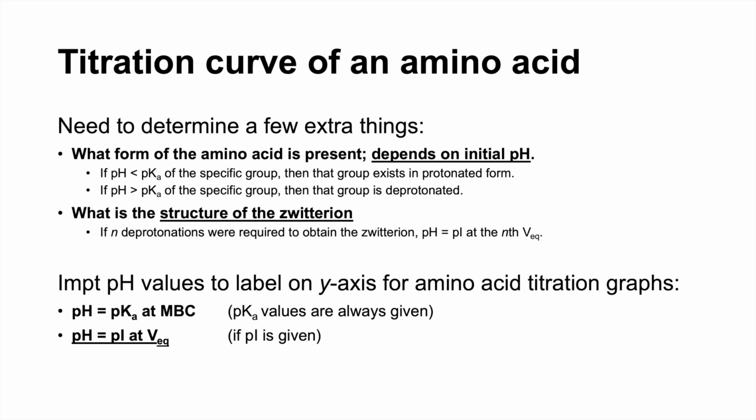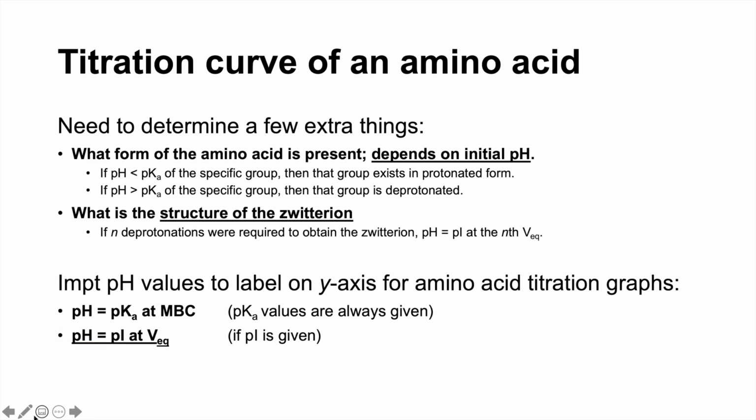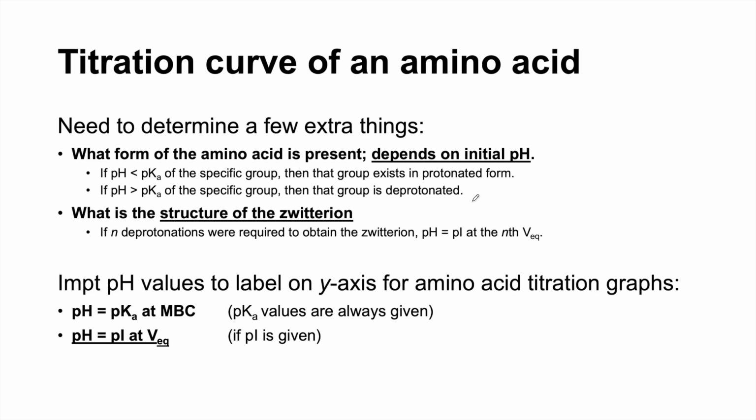So for the titration curve of an amino acid, it's pretty much the same as the previous two cases, except that we're going to have to consider two more extra things. So what form of the amino acid is present?